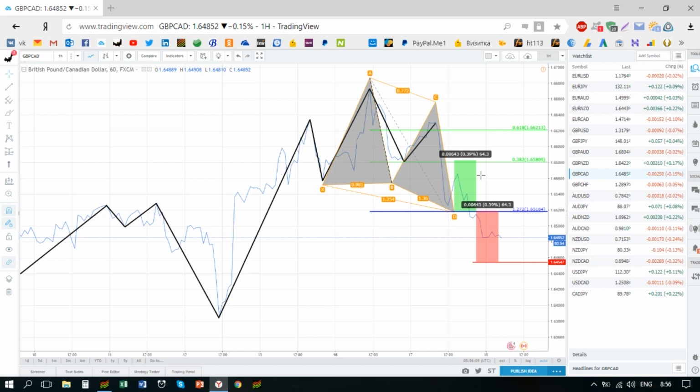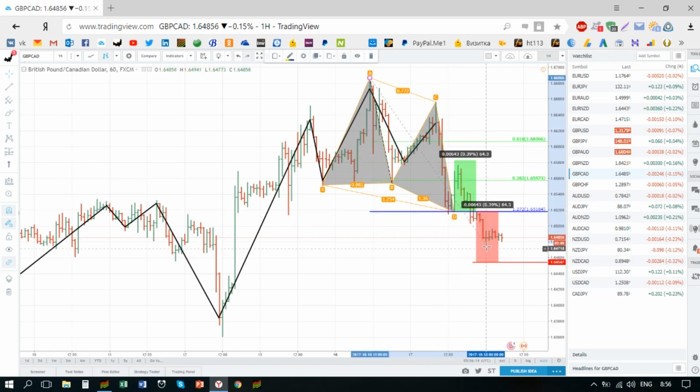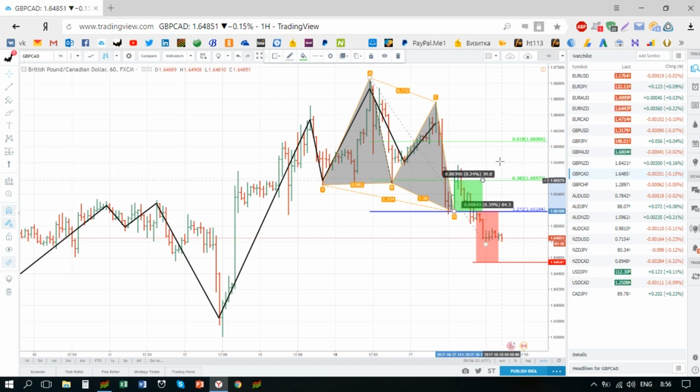I have this butterfly advanced formation that is running and it is valid until it hits stop. Until it hits the stop loss, it stays valid. So if you want new targets, they are this. Of course, this goes here. Yes, the second target is this.